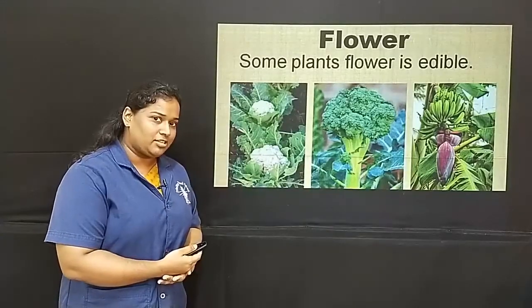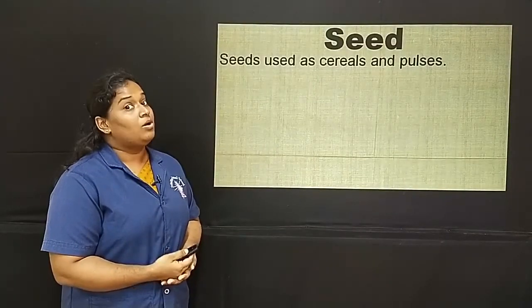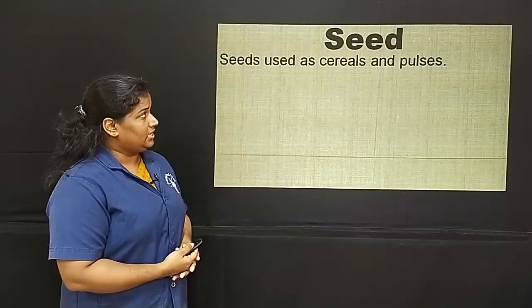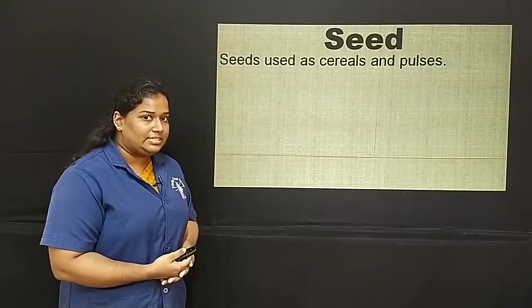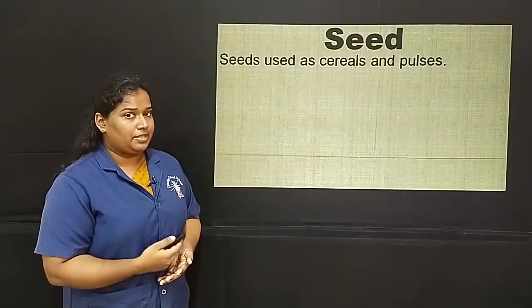Not only these parts of the plants, the seed of the plant also stores the excess food which we consume. Seeds are used as cereals and pulses. What are cereals and pulses?